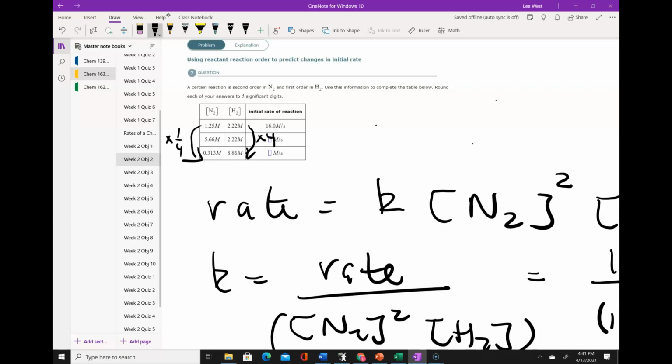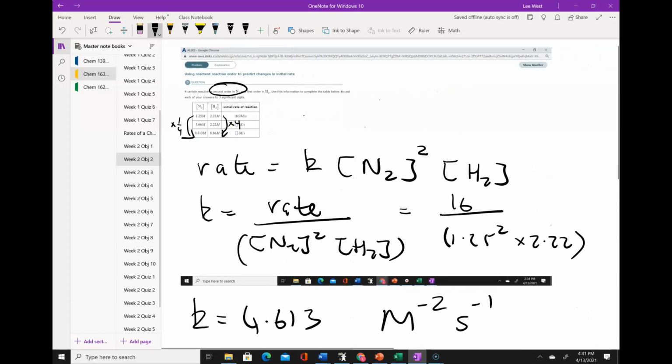So one goes down, one goes up. So you would expect that these effects could cancel one another out. The change in the concentration of N2 is going to slow things down, but the change in H2 is going to speed things up. But remember, it's more sensitive to changes in N2, so the slowing down is going to win out. So I'm expecting that my rate is going to be less than 16.